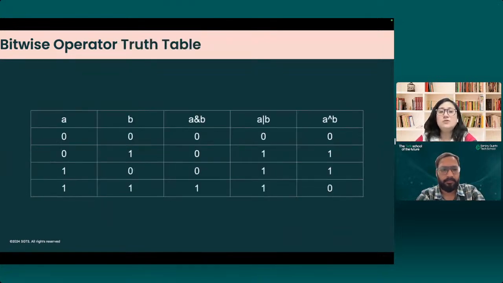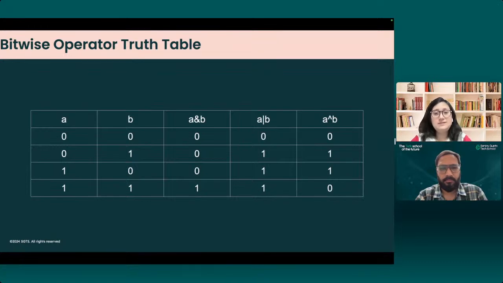But before that, I'll also tell you the truth table for this one, because here you need to realize the truth table. People who are in digital electronics in the colleges would know the truth table. But what if people are not from that background? For them, we need to realize this truth table. So in this one, I have taken the two operands A and B, wherein we have got 0, 0 for both of them.